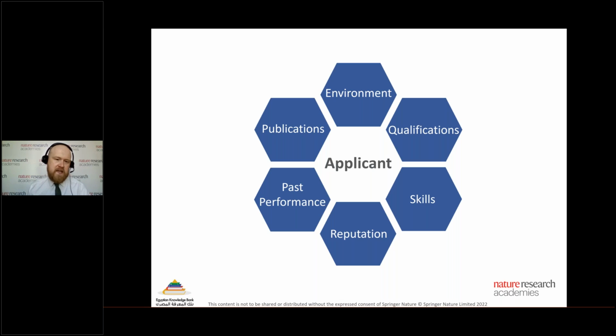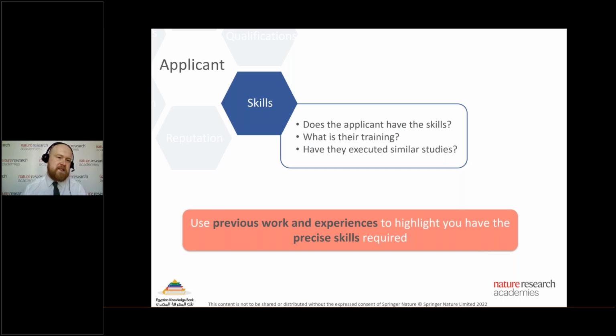What success have you previously had in other projects? Publications. How many publications do you have? Where have you published? And have your publications been impactful in your research community? They'll also be assessing the environment. Where are you going to be doing the project? Do you have access to all of the facilities that you need? Let's have a think about all of these key attributes in a bit more detail then.